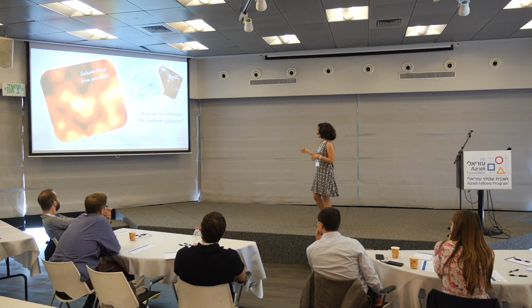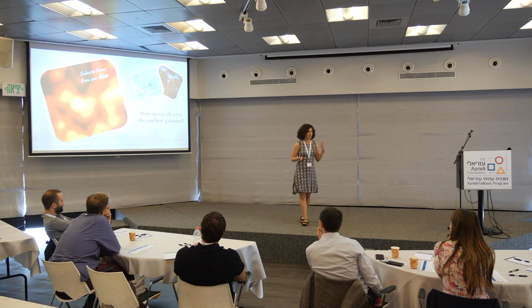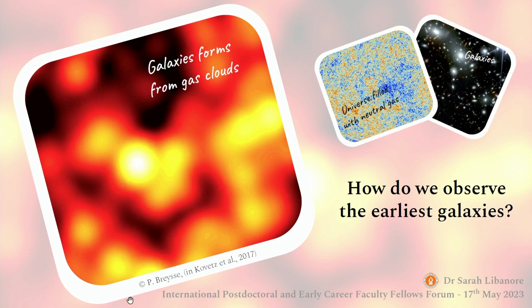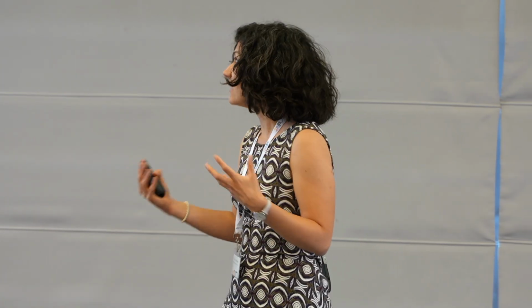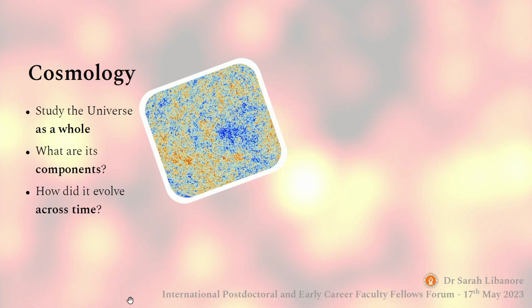And to do so, we need to move across two different fields. On one side, to understand how we observe the earliest galaxies, we need to take into account astrophysics. Astrophysics is the science that looks at how sources form, how they emit light, how galaxies form. On the other side, we have cosmology.